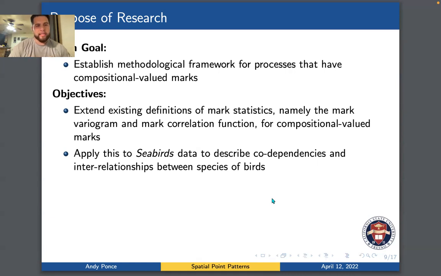We have to rewrite these in a way where they better fit compositional valued marks, because they don't really fit them that well the way they are right now. We also need to apply this to the seabirds data set in order to describe codependencies and interrelationships between the species of birds. We want to know how they're interacting. What are the ecological pressures between them?